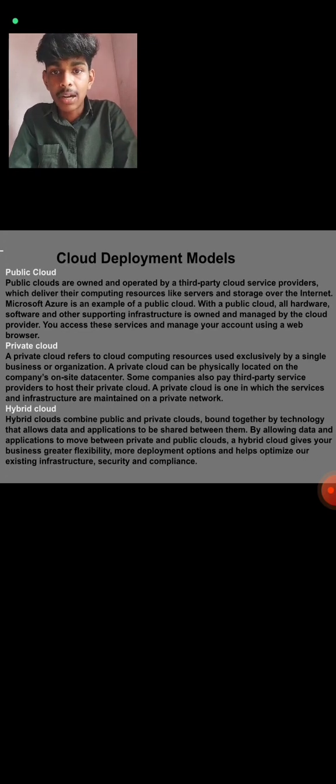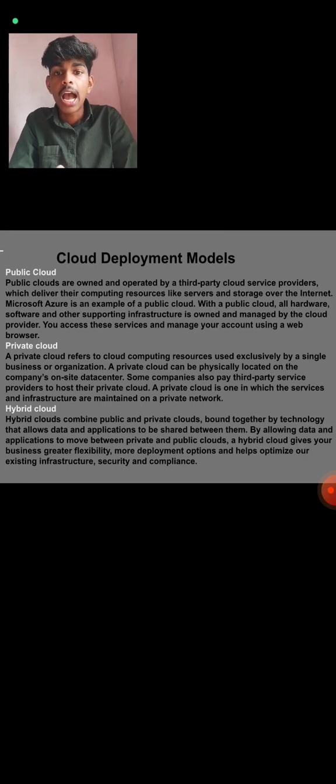A private cloud refers to cloud computing resources used exclusively by a single business or organization. A private cloud can be physically located in the company's on-site data center. Some companies also pay third-party service providers to host their private cloud.